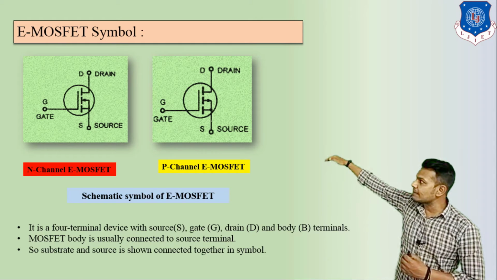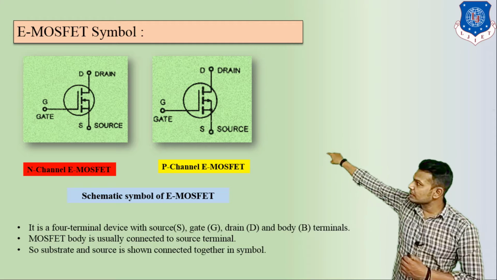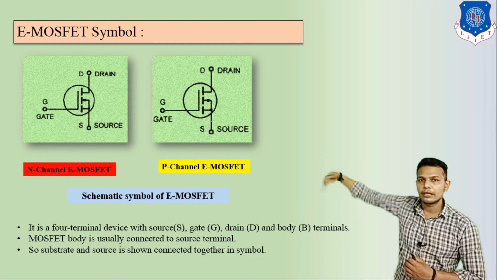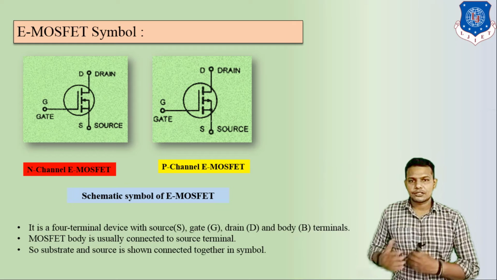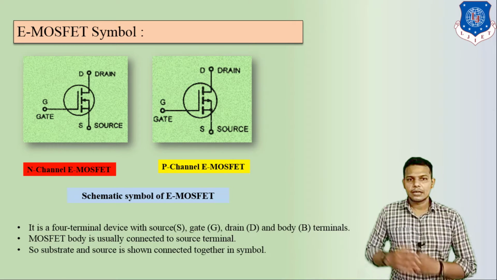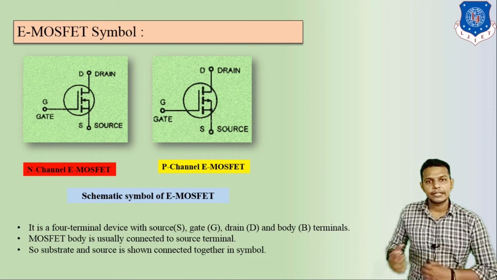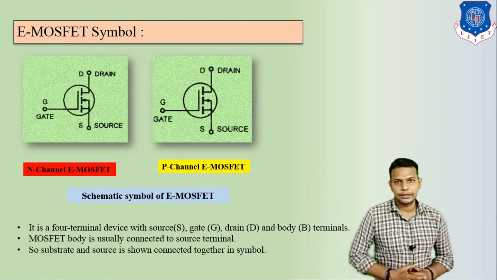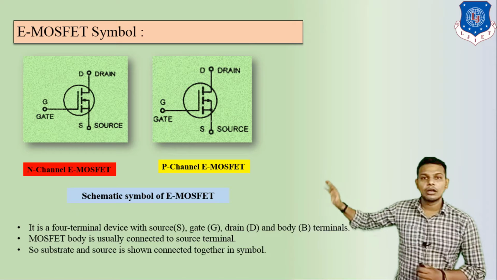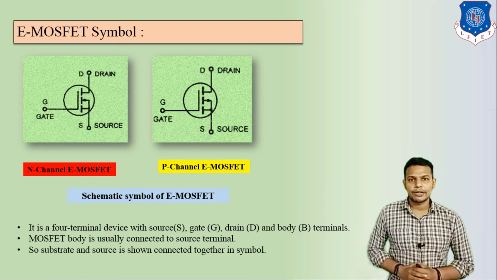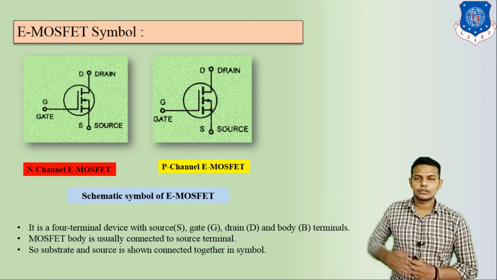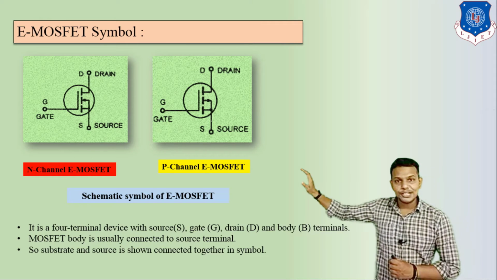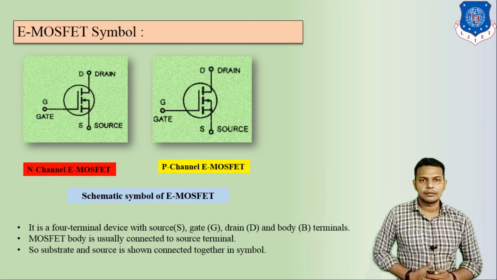So in the symbol we can see the center line is connected to the source terminal, which indicates that the substrate and source are connected together in construction as well as in the symbol. So this is the symbol of E-MOSFET for N channel and P channel.